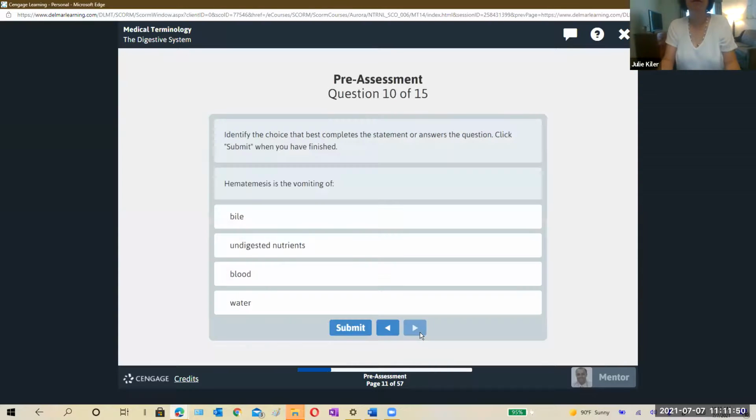Okay. Got it. Hematemesis is the vomiting of bile, undigested nutrients, blood, or water. So emesis is throw up. Hemato is what?